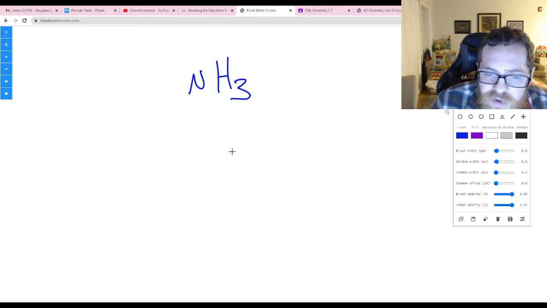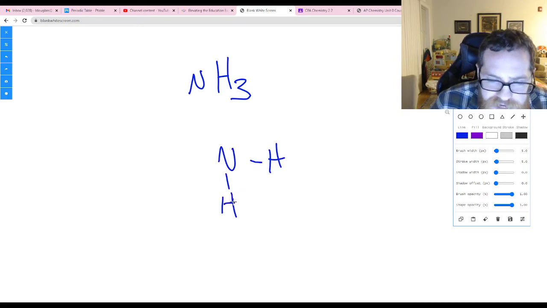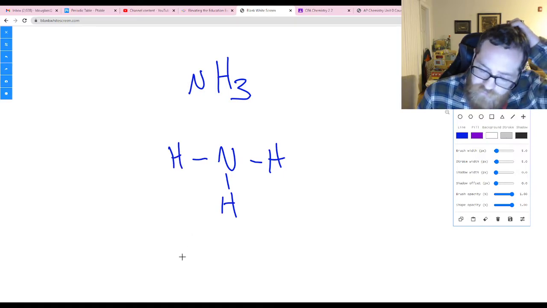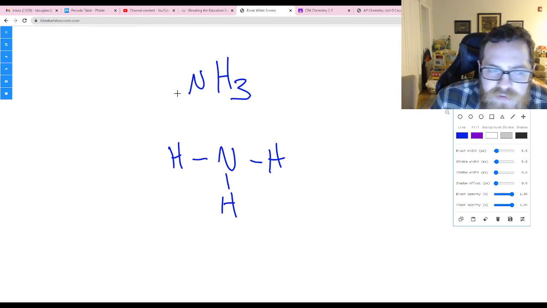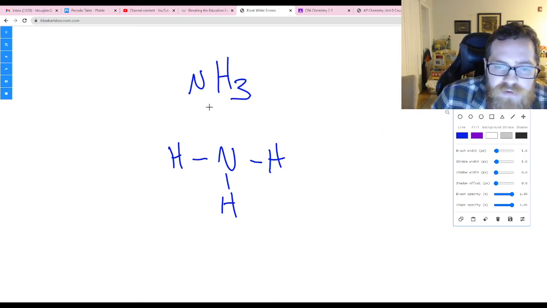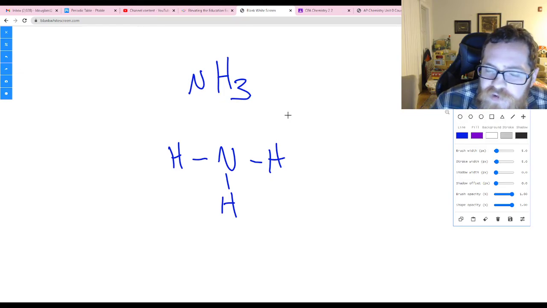So we have NH3. At first glance, it's tempting to write NH3 as this and call it a day. But we have to make sure of a few things. One, the octets of every element are fulfilled. And two, every electron that we have access to is used. This does not have a charge, which means that it's a molecule.